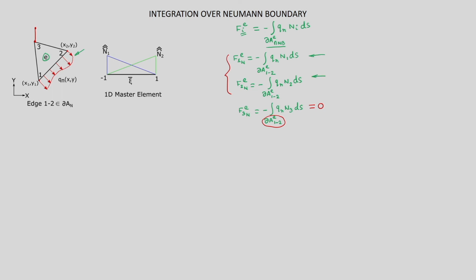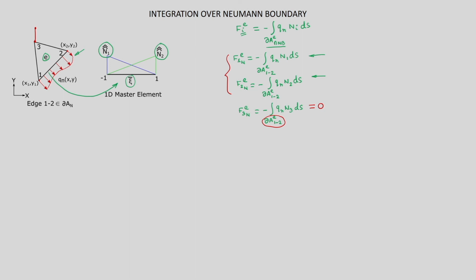Now, how to calculate this numerically? In order to do that, we will map this physical line element to the corresponding master element in 1D that you have already encountered. The master element in 1D has the coordinate xi bar. Xi bar has been used just to distinguish it from the xi and eta that we have used in the 2-dimensional element. So, xi bar is the natural coordinate varying from -1 to 1, and these are the hat functions in the corresponding master element in 1D.